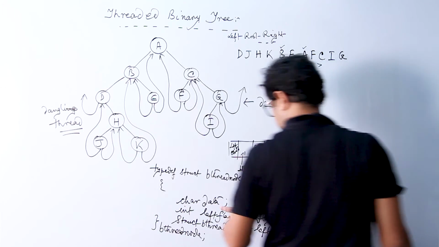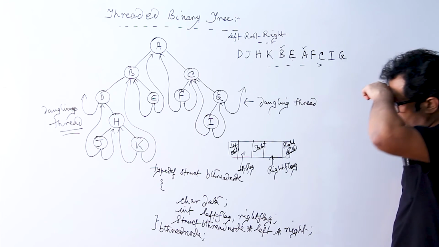So this is the structure definition of a node of a threaded binary tree.